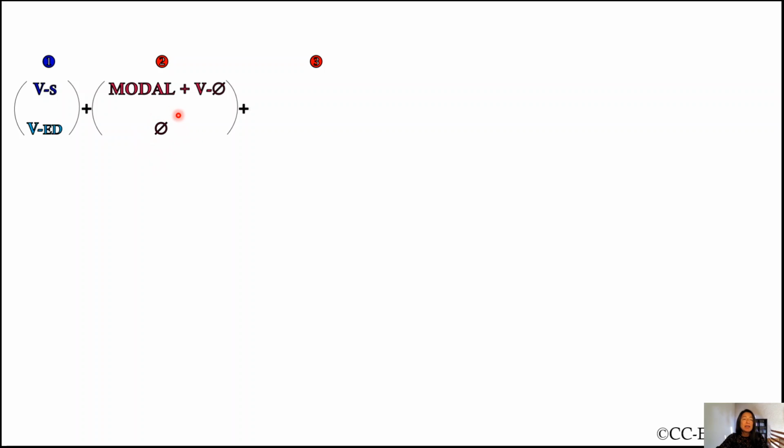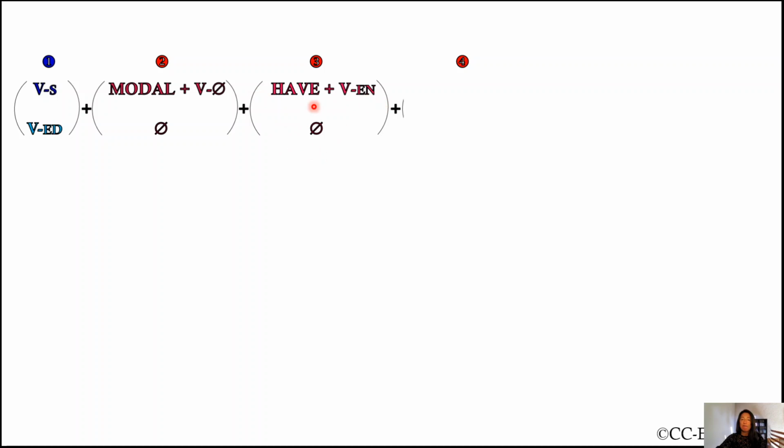And 0 here is a symbol that linguists borrowed from mathematicians in order to refer to the absence of whatever is being discussed. So here, either I use a modal or I don't. The third choice that I have to make to give a form to a verb is I need to choose whether I use the perfect or not.